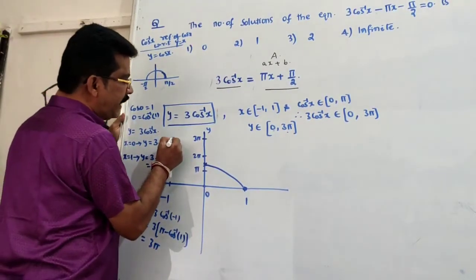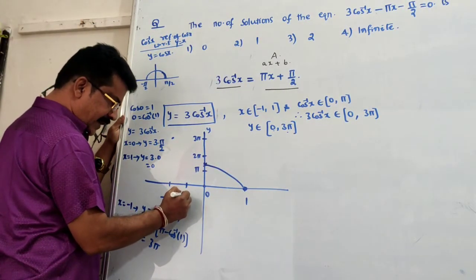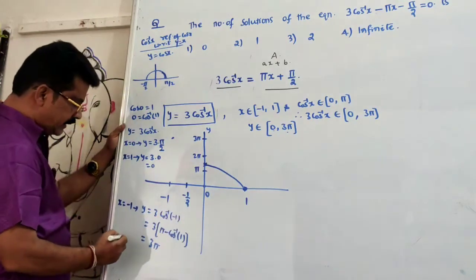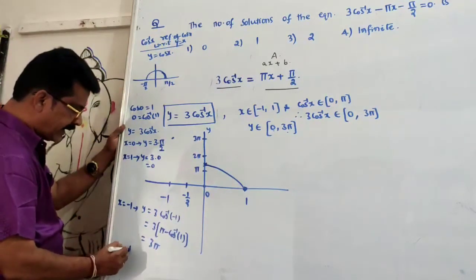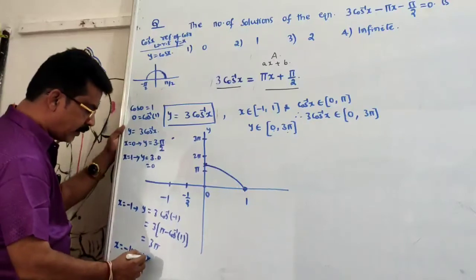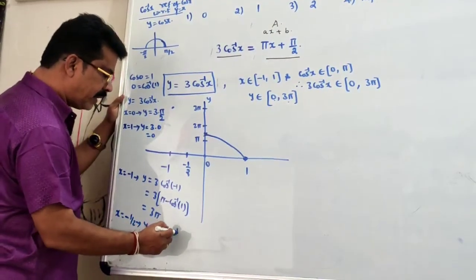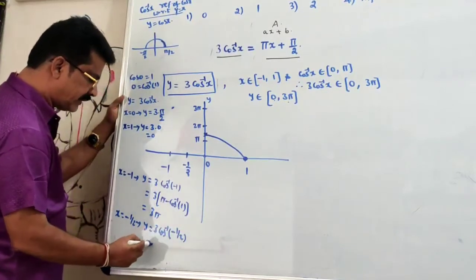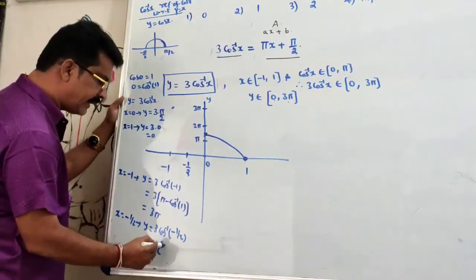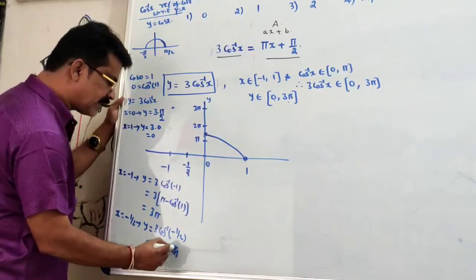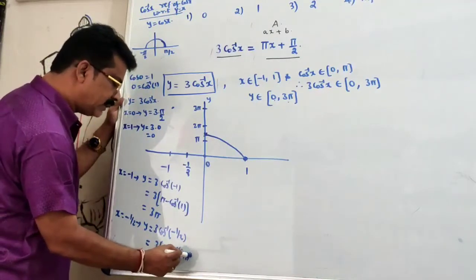Next, we can take another value, -1 by 2. Put x equal to -1 by 2. Then y equals 3 into cos inverse of -1 by 2.